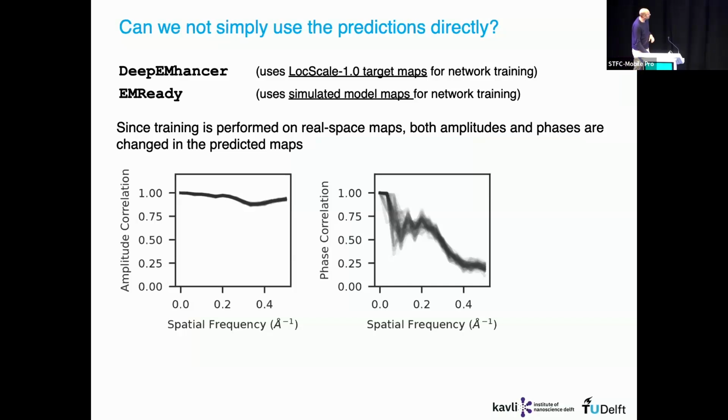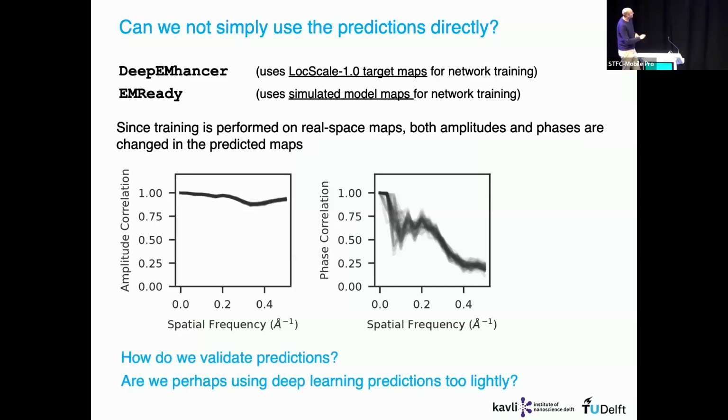That doesn't mean that those methods are not useful. I think they are. But we need to think about how we can validate those predictions, and we maybe also need to think if we are sometimes taking these deep learning predictions too lightly. They look very nice, but not everything we see in them is necessarily real.